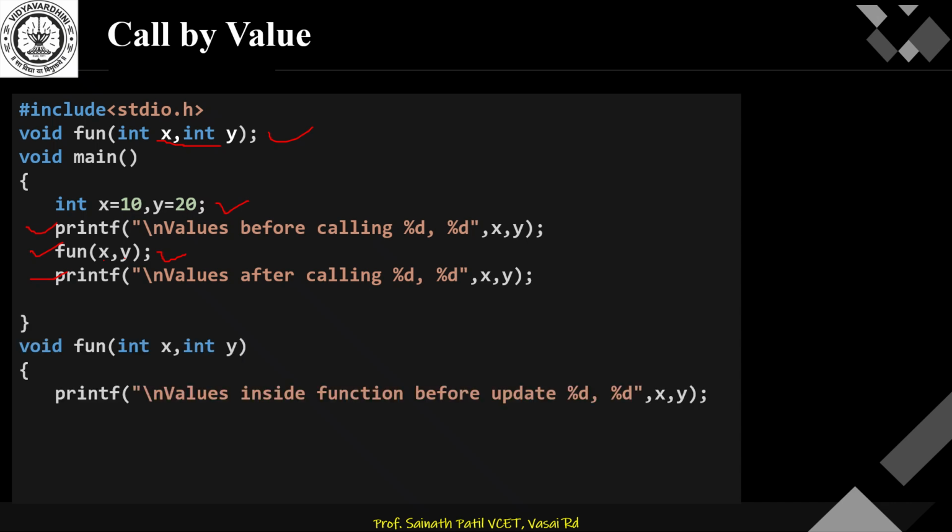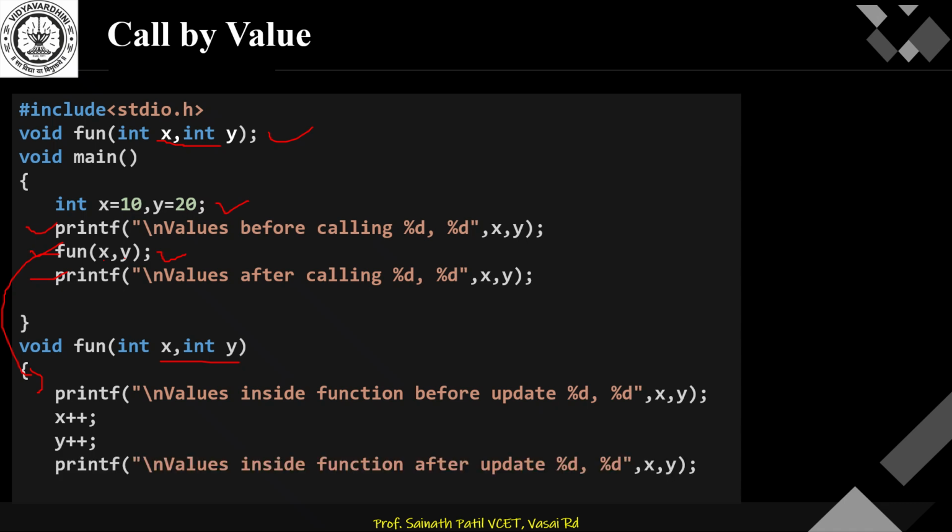Then in void fun, after the function call, the program will jump to the function and I'm using first a printf statement that displays the values of x and y, that means the formal parameters. Then I'm updating x++ and y++. Here two values are updated, and then printing values after updation.